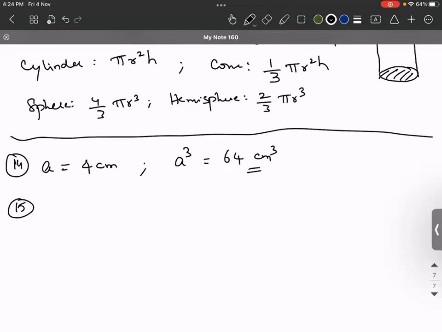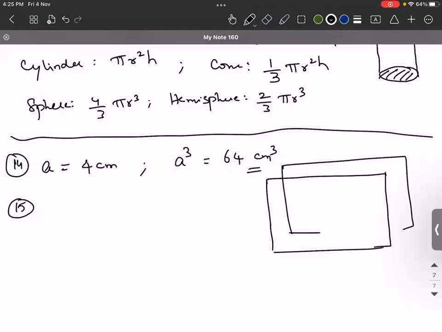Sir, it's 216 meter cube. So how did you do? Very simple. It's given that the length of the cold storage is double its breadth, so L is equal to 2 times the breadth, and the height is given as 3 meters. They have also given the area of the walls, including the doors, 108 meters square.